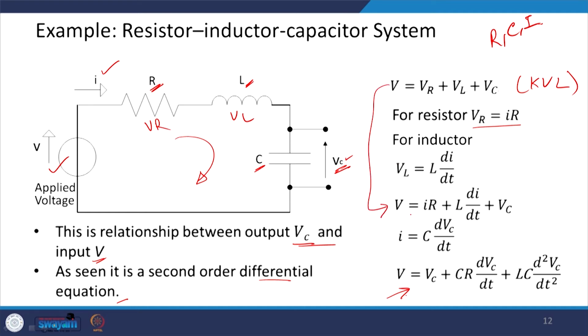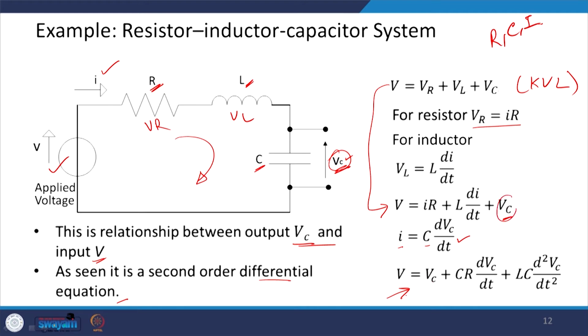So this is what I get: IR plus L di by dt plus Vc. I want everything in terms of Vc. You see I is equal to C dVc by dt, this relationship I know for a capacitor. So I can substitute for the I over here. So this is what I get.